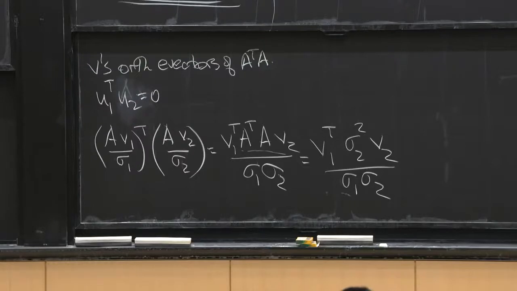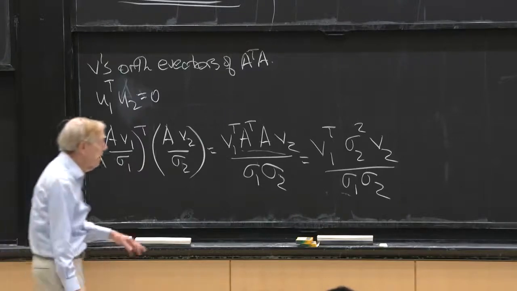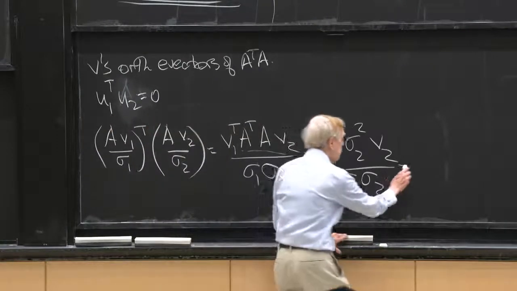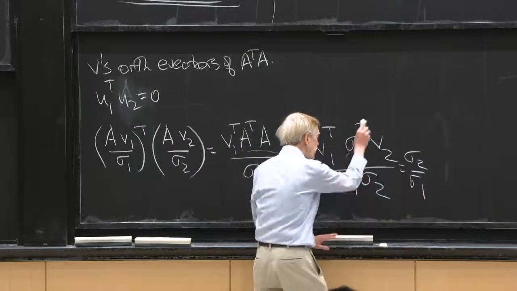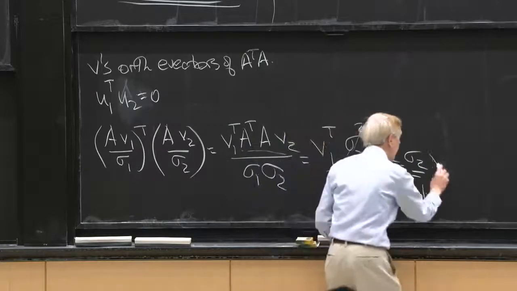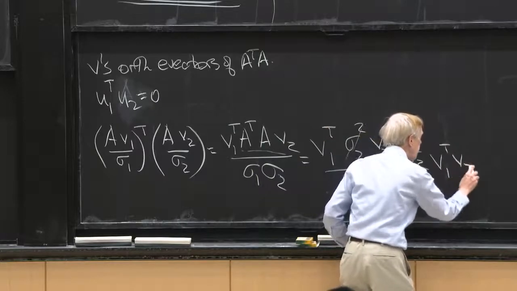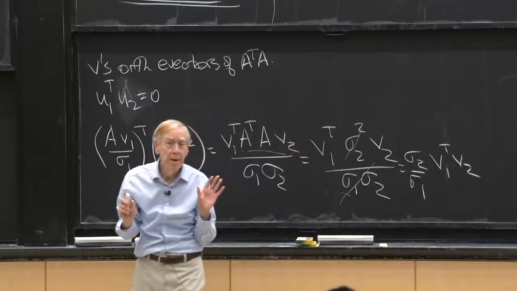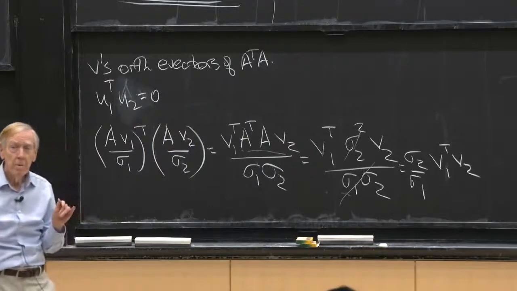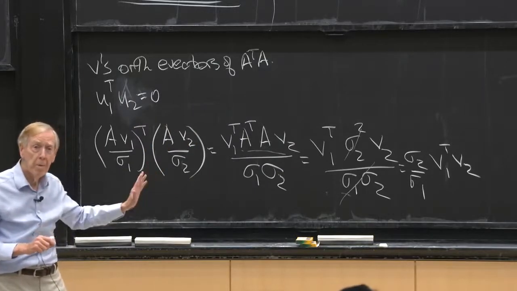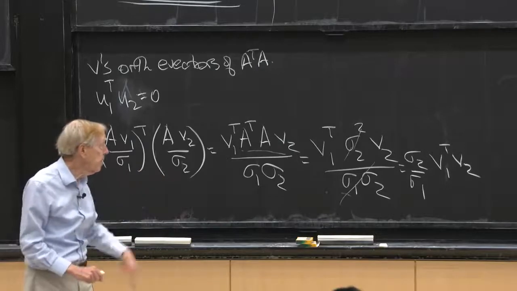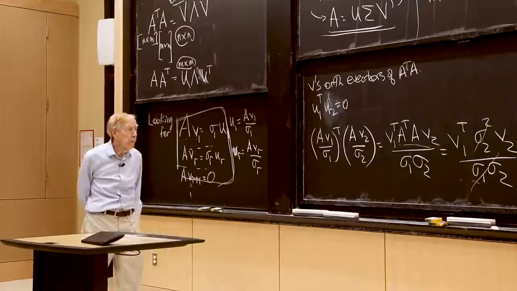So the A's are out of there now. And so I've just got these numbers, sigma 2 squared, so that would be sigma 2 over sigma 1, I've accounted for these numbers here, times V1 transpose V2, and now what's up? They're orthonormal. We got it. That's 0. That is 0 there.